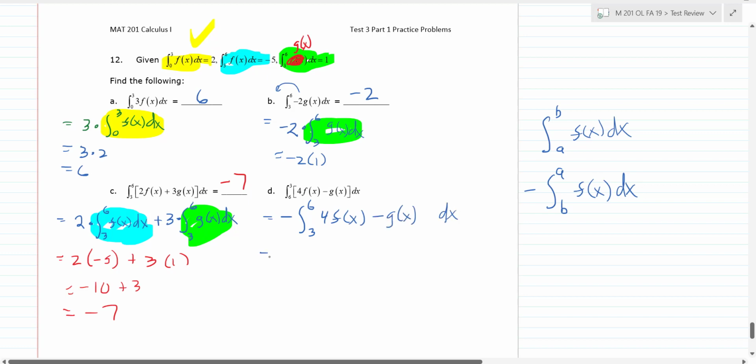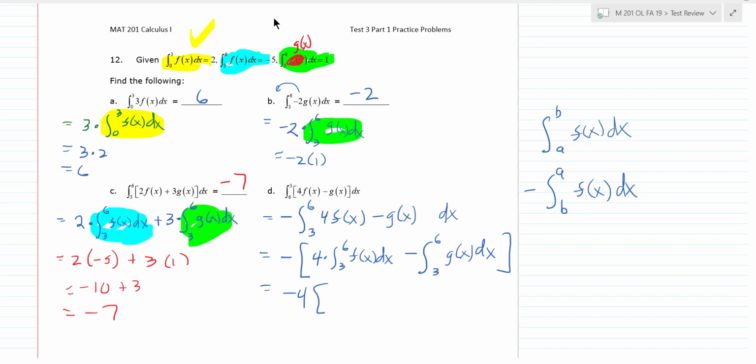So we can split it up into 2 integrals. Be careful, because for that negative you need to have a big bracket. So we're going to say negative 4 times the integral from 3 to 6 of f of x dx minus the integral from 3 to 6 of g of x dx, like that.